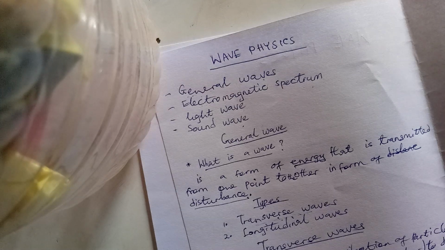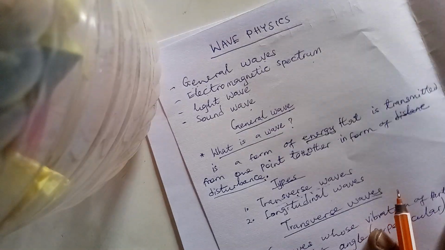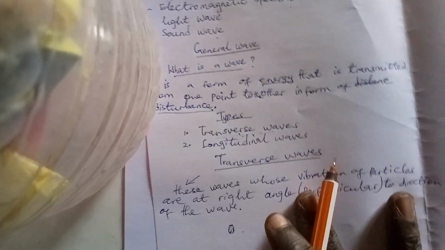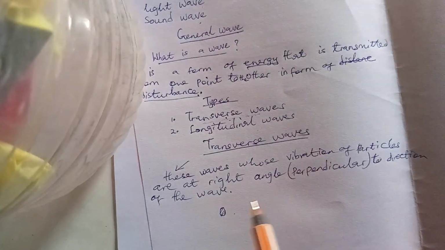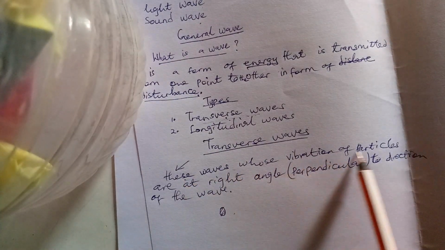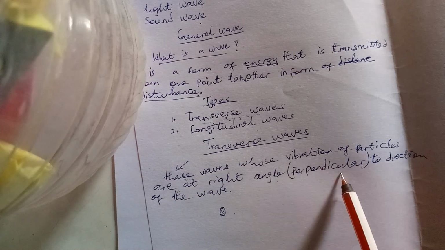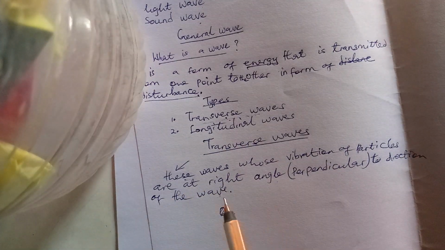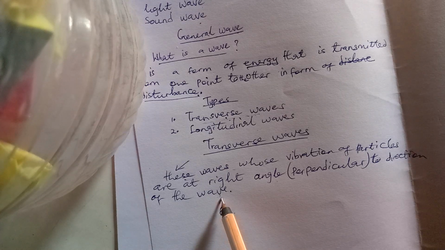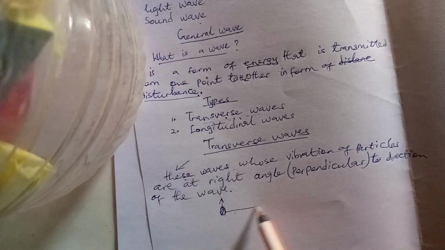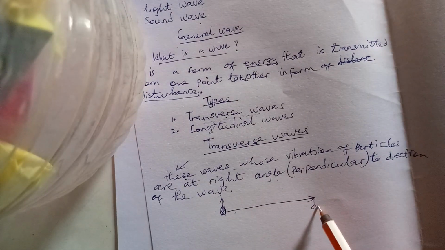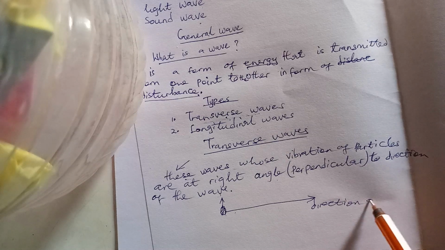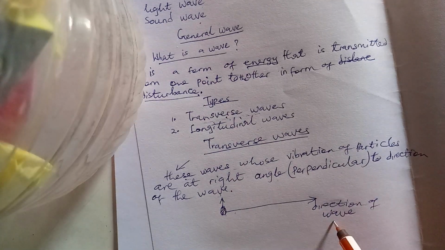So what it means is this: if this is the vibrating particle, remember, we are saying a transverse wave is a wave whose vibration of particles are at right angle or perpendicular to the direction of the wave. If this vibrating particle is vibrating like that, then the wave is moving in this direction, the direction of the wave motion.